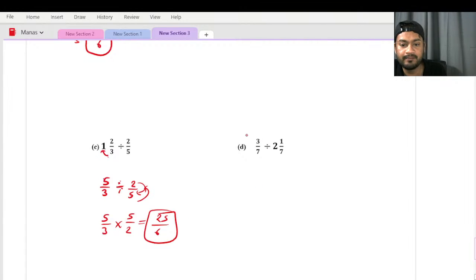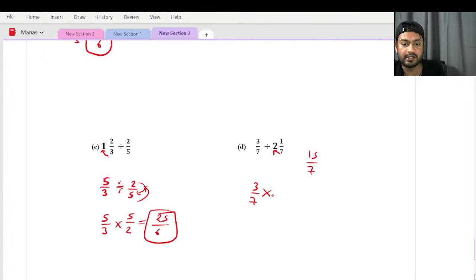It is very simple. Now the same process you can apply here also. It is 3 by 7, and then this is a division sign, so you can convert it into an improper fraction. 7 times 2 is 14, 14 plus 1 is 15, so 15 by 7, right?